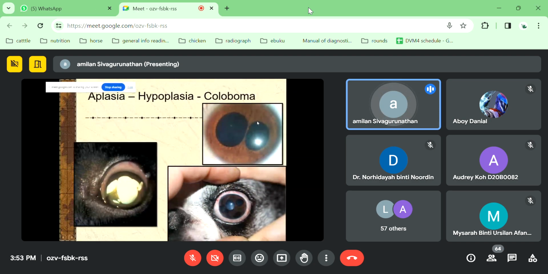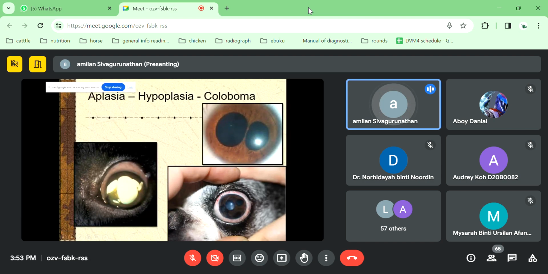So here we have what we call iris coloboma. See, we can't tell which iris is the original. Most likely the one on the left. This looks like a well-developed iris. The same here. And here you have multiple small colobomas all over.